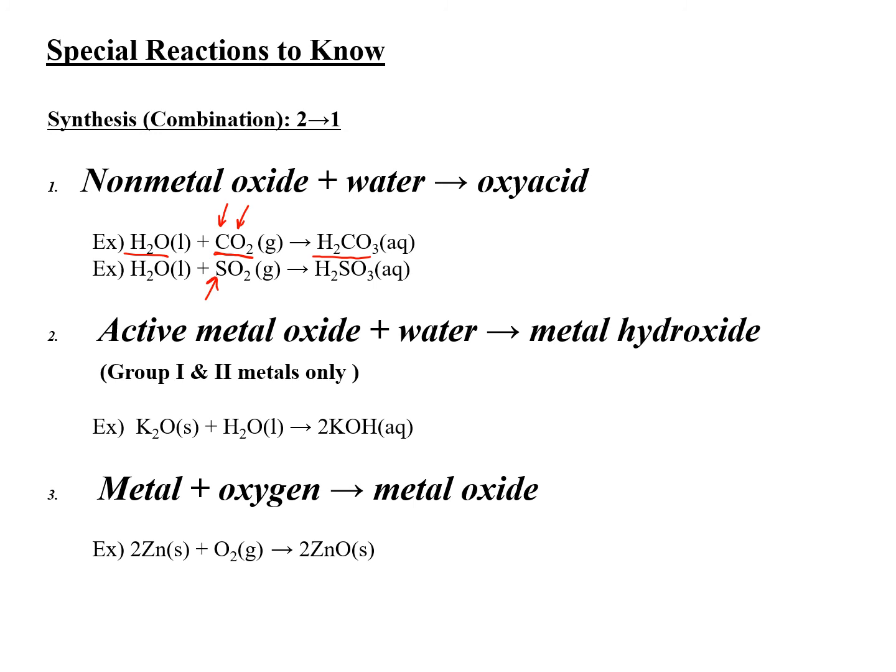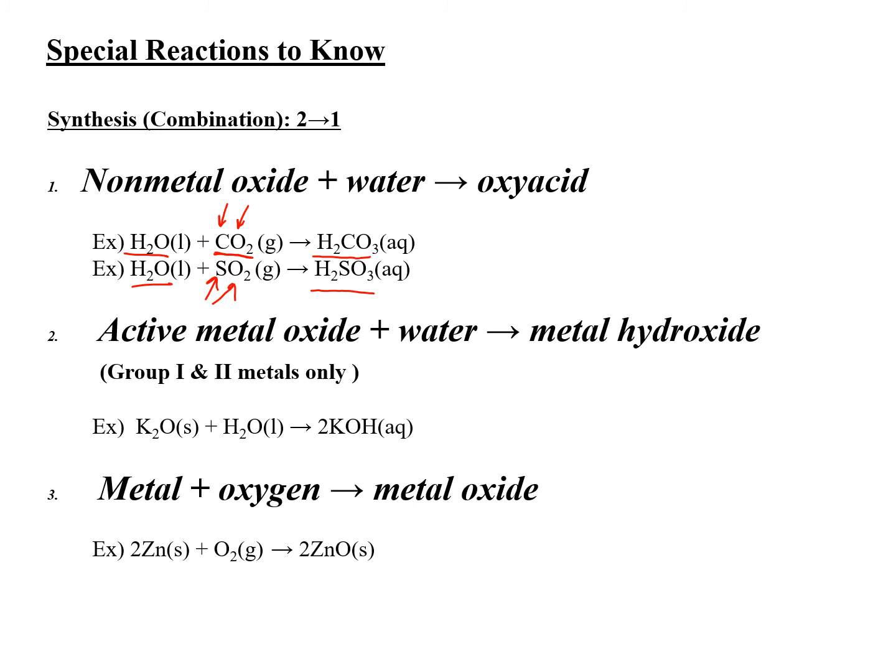Sulfur is a nonmetal. SO2, sulfur dioxide. You have a nonmetal oxide in water, and you get H2SO3. Now these are easy to write the formulas for. We just smush everything together. So look, you have 1 carbon, 3 oxygens, and 2 hydrogens.